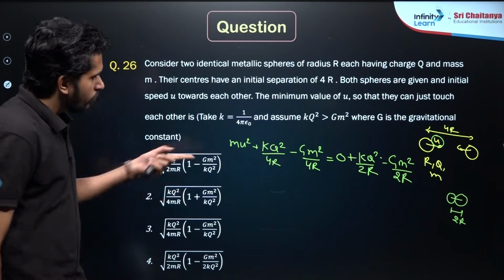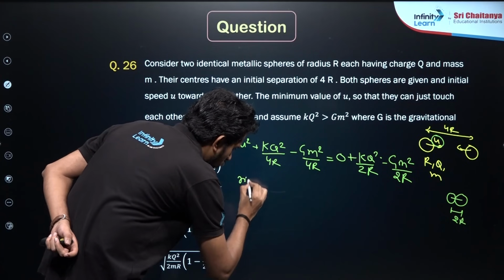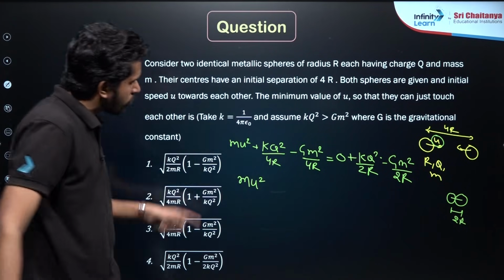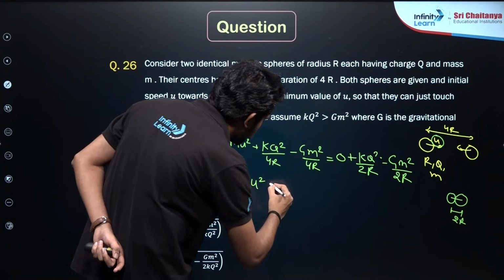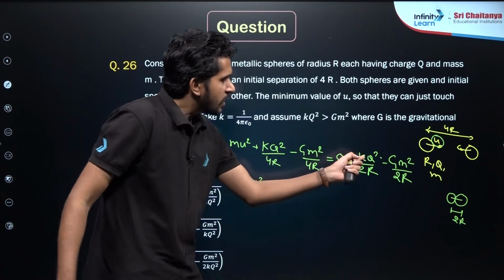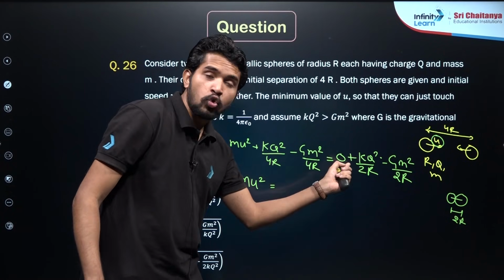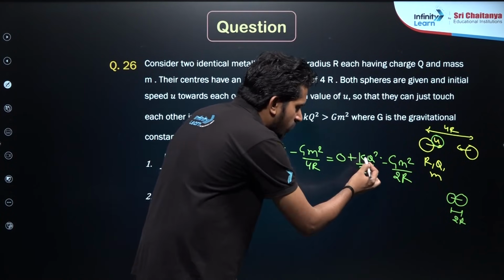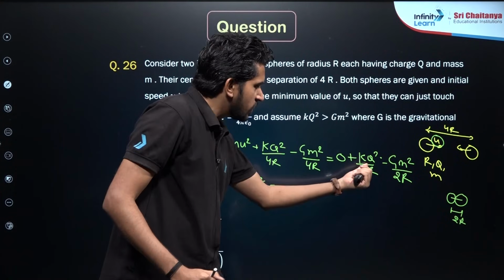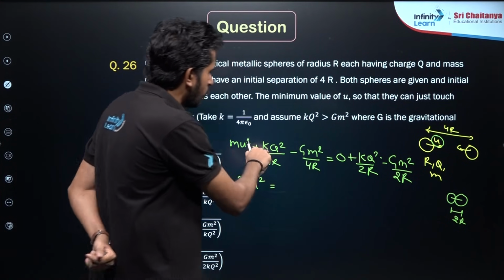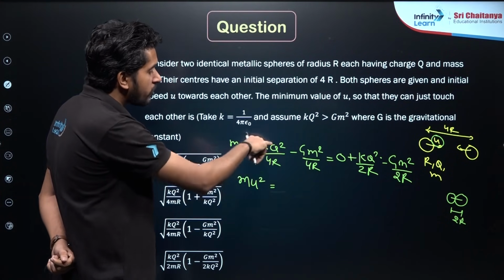Now let's do one thing. From here, what will be the value of m u square? Here we have kq square by r and 2r. Let's say kq square by r is x. So this is x by 2, and this value is kq square by 4r, x by 4.